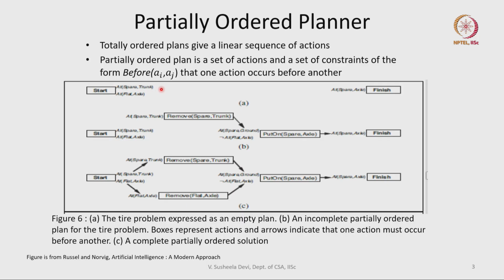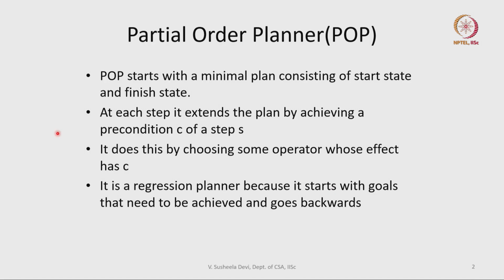As you go on, you'll keep adding to this plan, and the plan will still continue to be incomplete. But when everything has been filled in, you'll get the complete plan. So what you do at any particular point in time is you extend the plan.